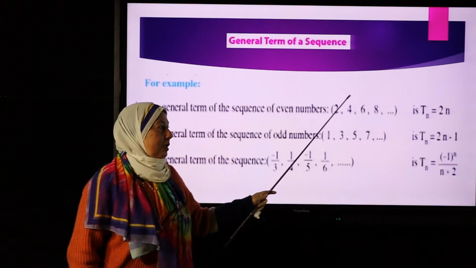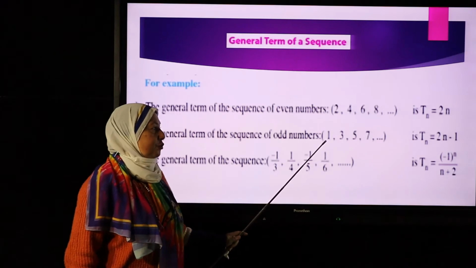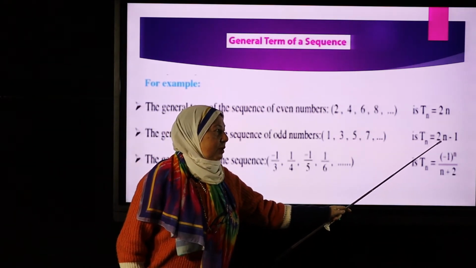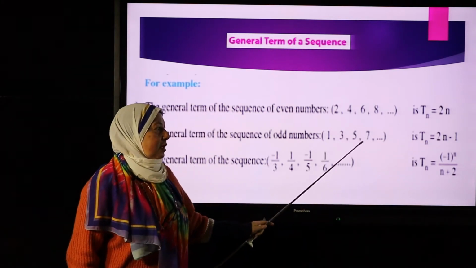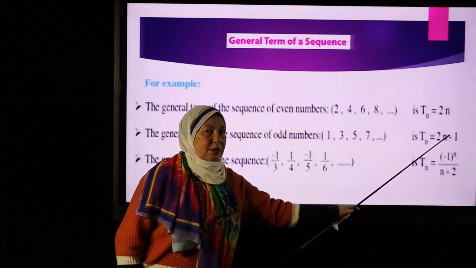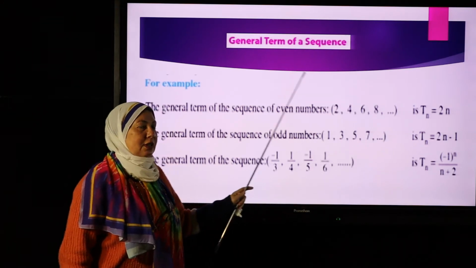With substitution, n equals 1, 2 times 1 minus 1 equals 1, first term. When n equals 2, 2 times 2 equals 4, minus 1 equals 3, second term. When n equals 3, 2 times 3 minus 1 equals 5, and so on.